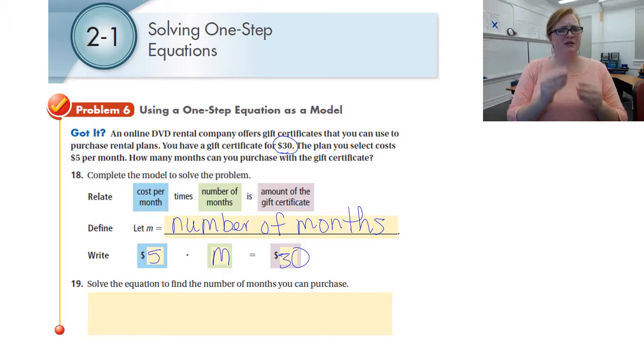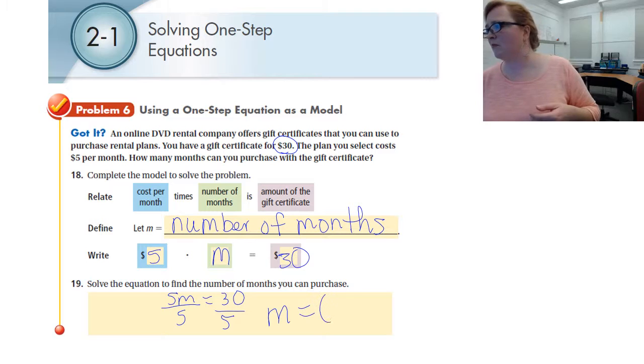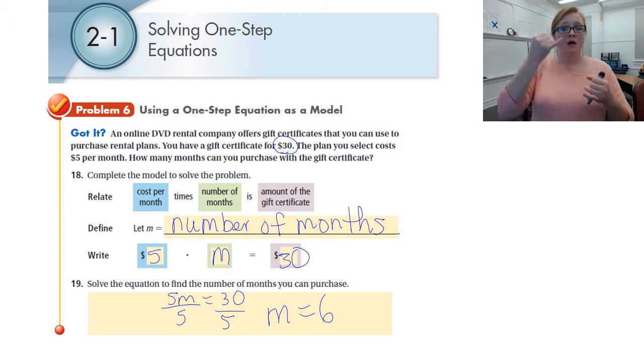Number 19, solve the equation to find the number of months you can purchase. Final step is to write an English sentence to answer the question, how many months can you purchase with a gift certificate?